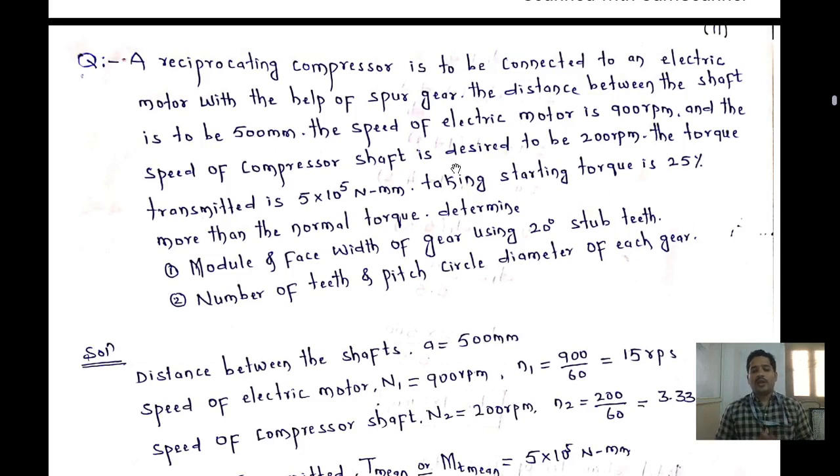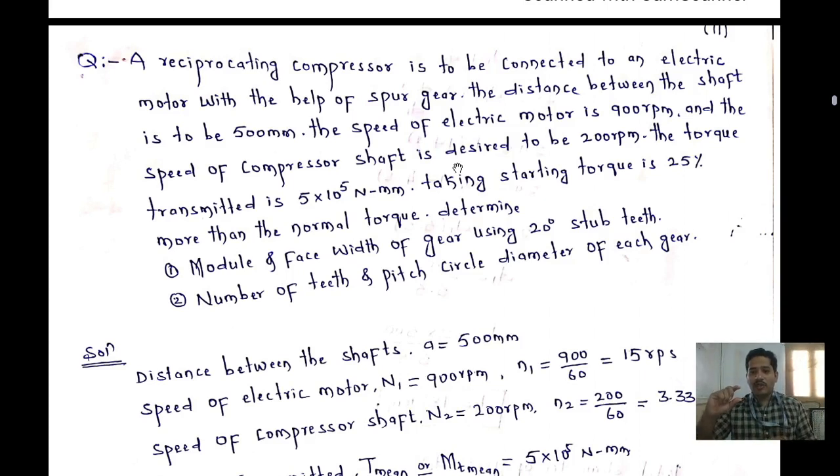A reciprocating compressor is to be connected to an electric motor. One type of reciprocating compressor is connected to the electric motor with the help of a spur gear.